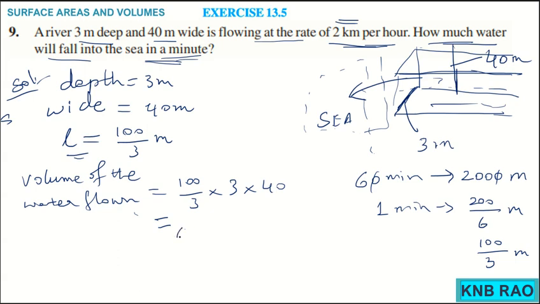This 3 cancels, and we get 4,000 meter cube of water flowing into the sea. So this is how we solve this question.